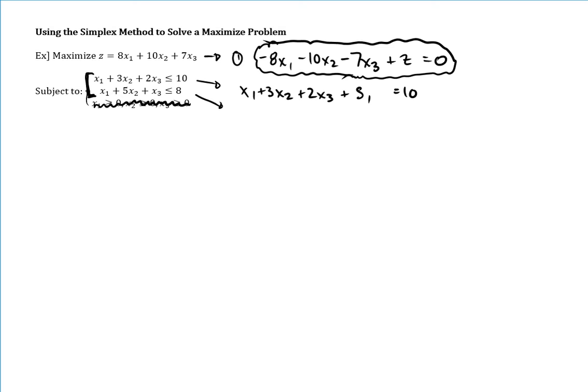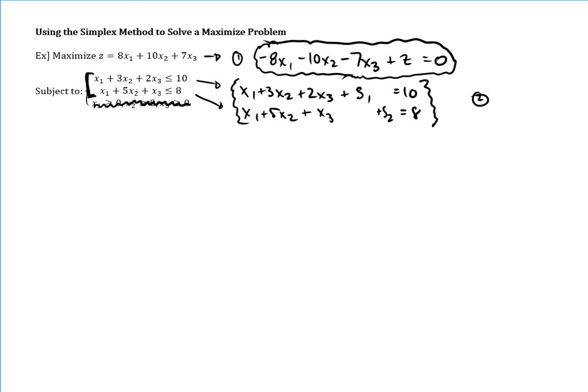And then this other one would be x1 plus 5x2 plus x3 plus a different slack variable, our second slack variable, would equal 8. Okay, so this was our step 2, converting the inequalities into equations.